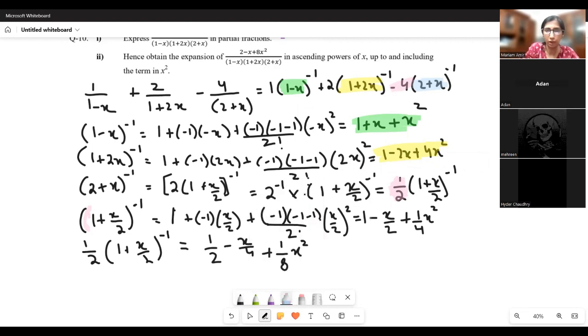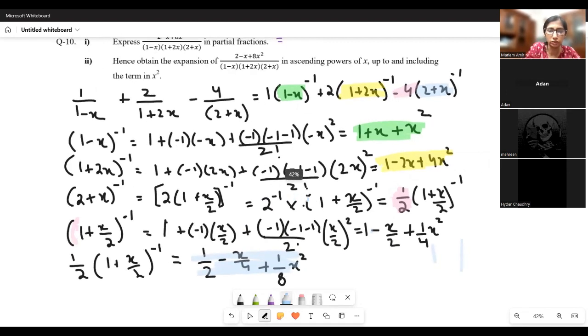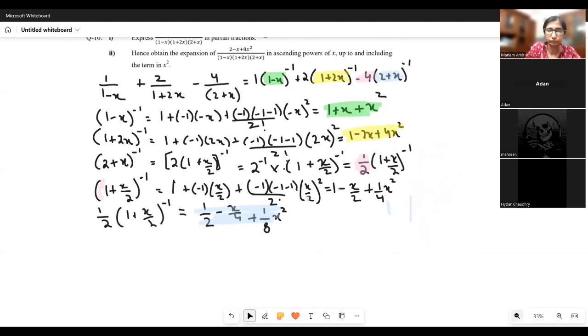Now we have to add and subtract and multiply. So the first one is being multiplied with 1, so that's not going to change. So we get 1 plus x squared as it is. The green expression stays the same because it's being multiplied with 1. The yellow expression is being multiplied with 2, so I'm going to double the result.